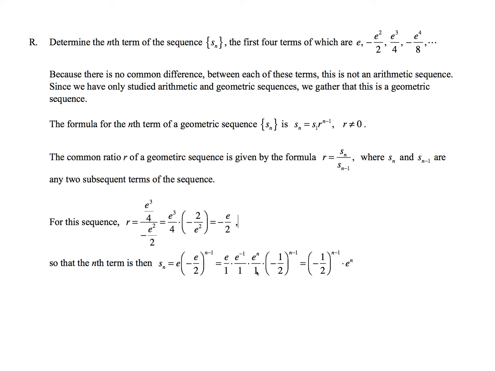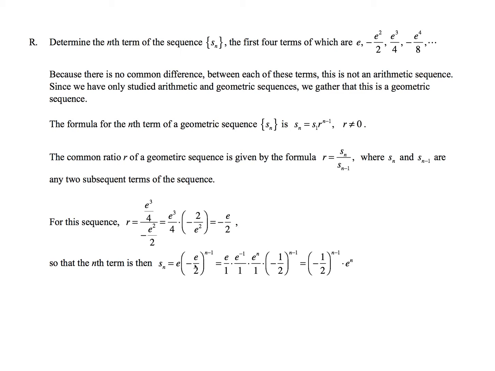And so here is a set of factorizations. e I write as e over 1, and if you review the rules of exponents, you'll see that I can write this as e to the negative 1 over 1 times e to the n over 1 times negative 1/2.